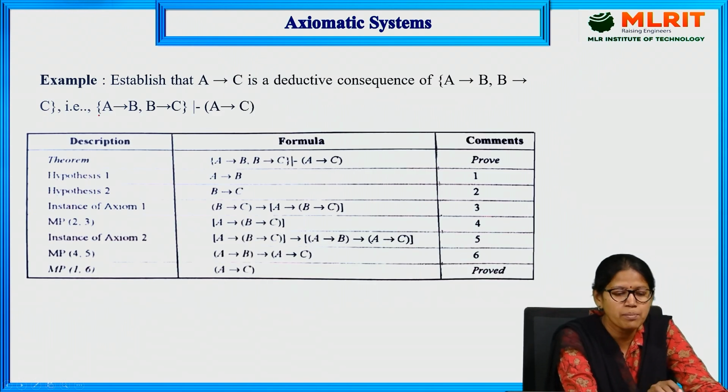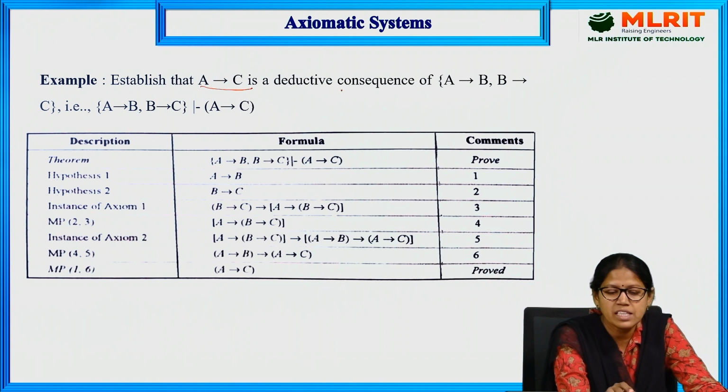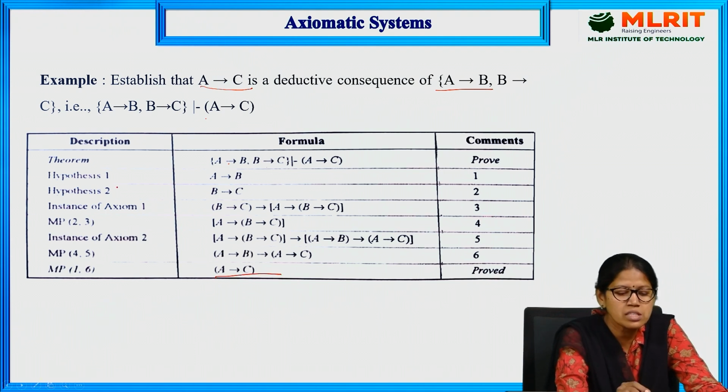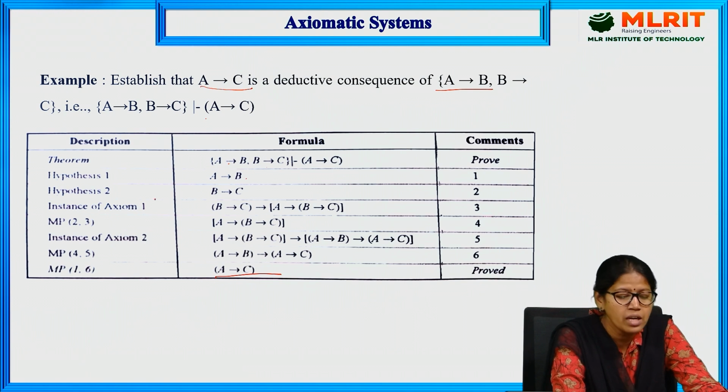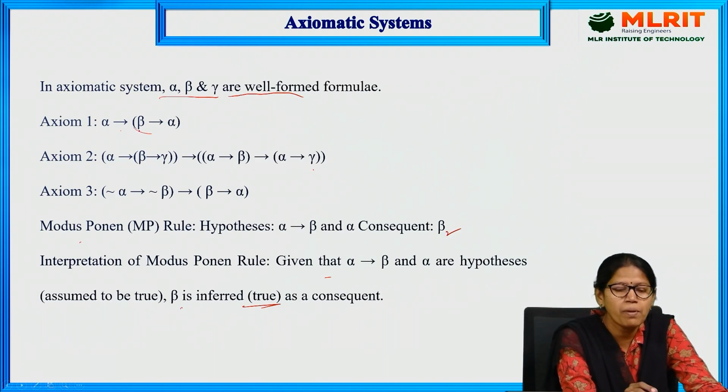Let's see one example of an axiomatic system. Establish that A implies C is a deductive consequence of A implies B, B implies C. That means A implies B, comma, B implies C entails A implies C. We need to prove this. Hypothesis 1 is A implies B, hypothesis 2 is B implies C. The instance of axiom 1: axiom 1 says that alpha implies (beta implies alpha).